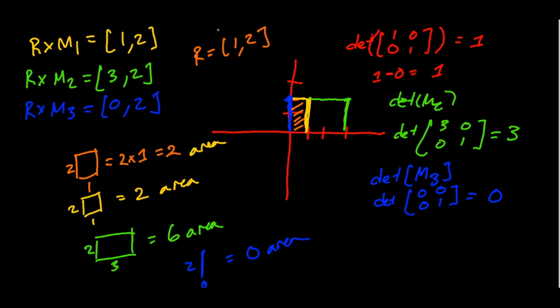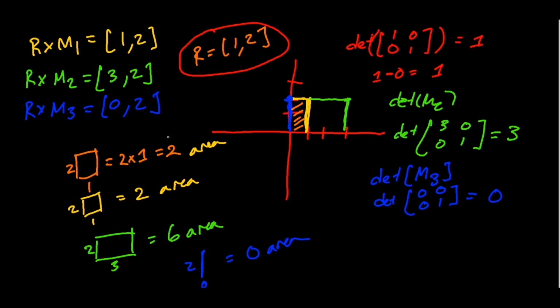So the original point that I created, which was R, 1, 2, I multiplied it by this matrix M1 and I got back 1, 2. So the area for my original R was 2, and the area for my M1 matrix after I multiplied it was also 2. So we can see here that the area did not change, right? Now let's take a look at R, which was 1, 2, multiplied by M2.